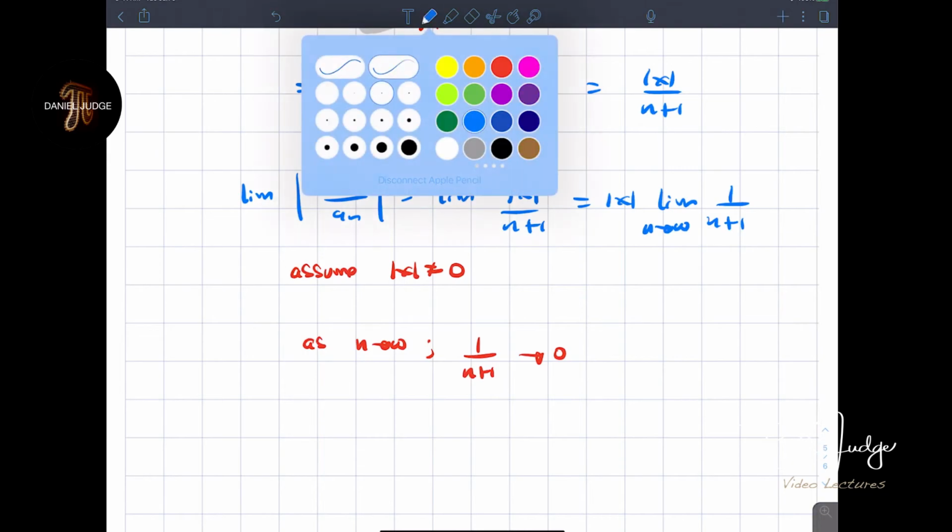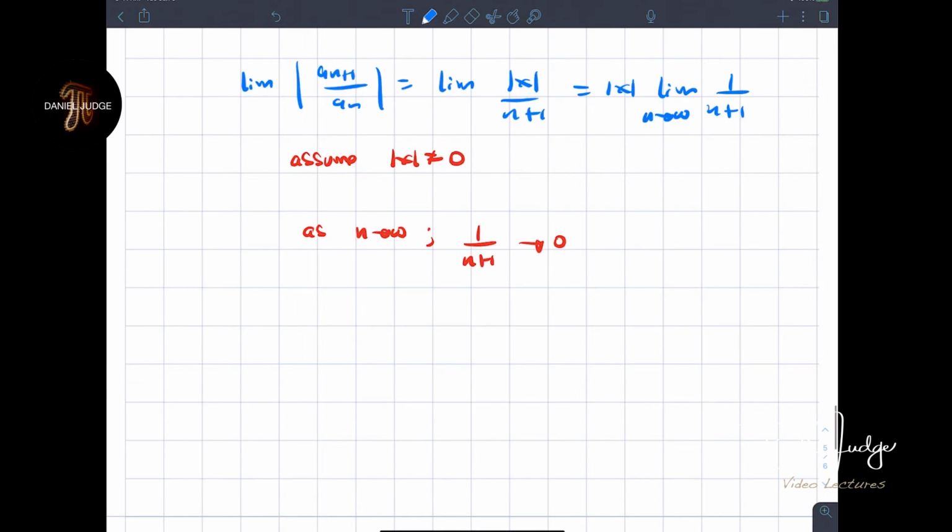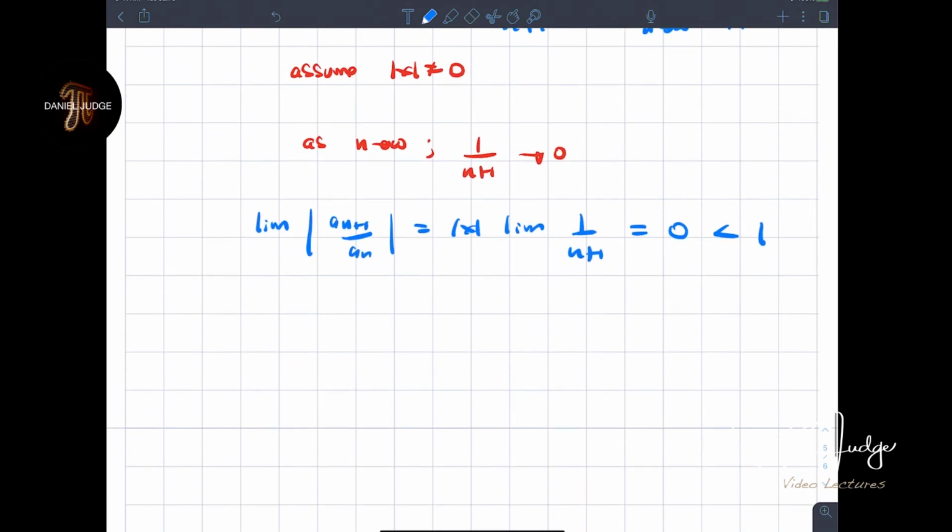Or, really, the limit of the absolute value of a_(n+1) over a_n, which is the absolute value of x times the limit of 1 over n plus 1, this goes to 0, and that's smaller than 1, really, for all x. Let's say for all x, because we assume that this is not 0. Absolute value of x is not 0, which means x is not 0.